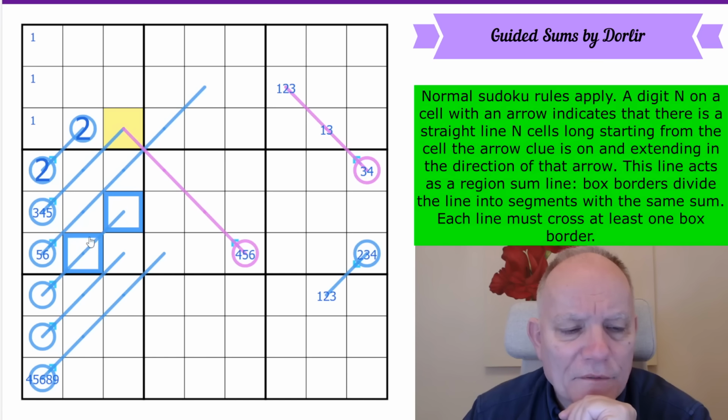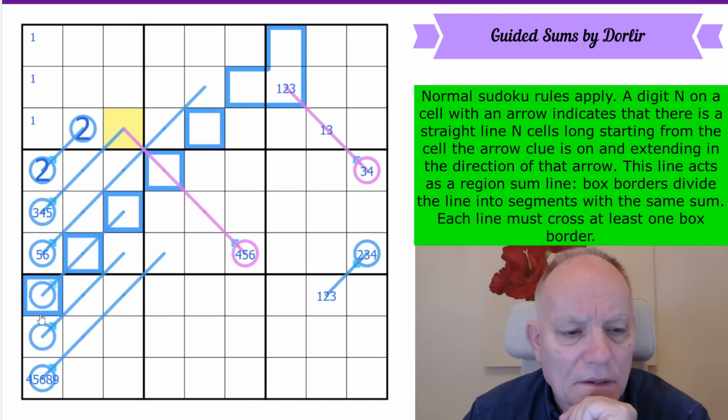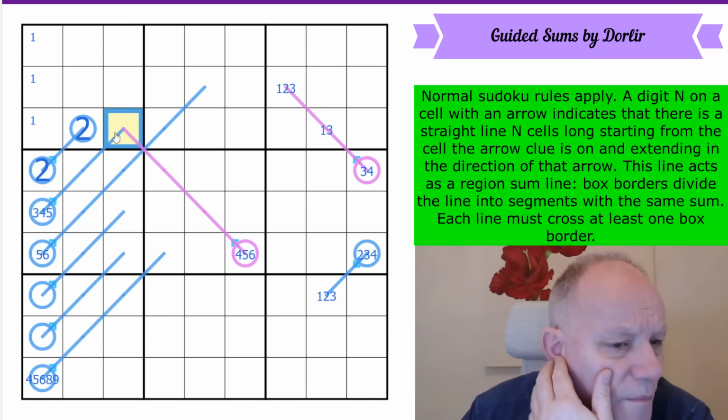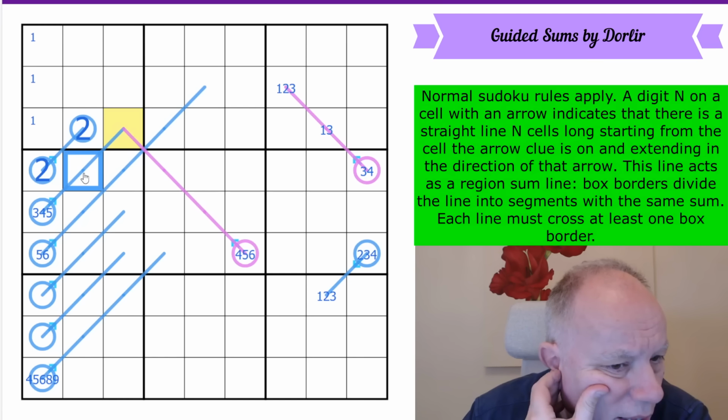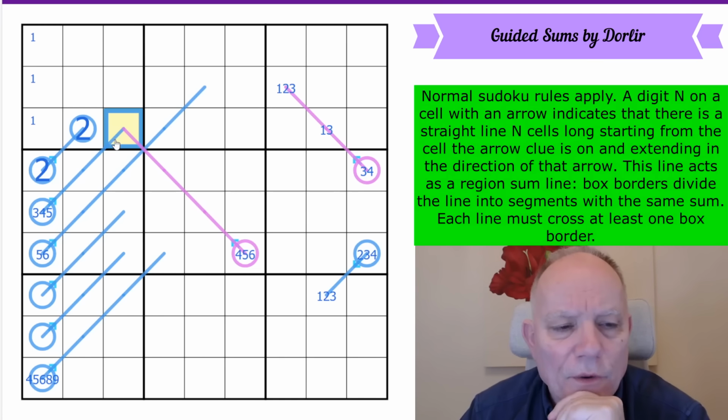The minimum total for these 2 cells is now 4 and 5, because 1, 2, 3 are gone in the box. 4, 5 there makes that a 9. That can't be a 9, because the line can't go 9 cells. Ah, okay, so that's not a 4. Perhaps more importantly, this isn't a 1. No, okay, let's just stick with this not being a 4.